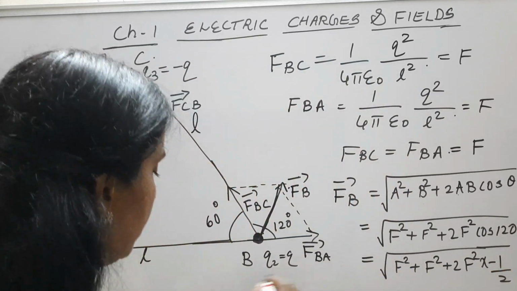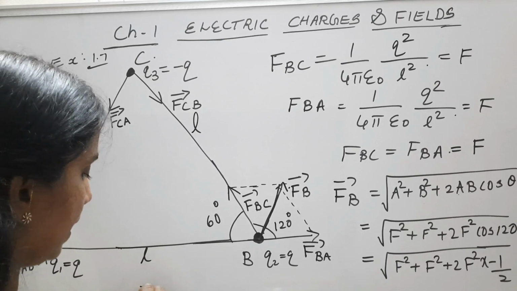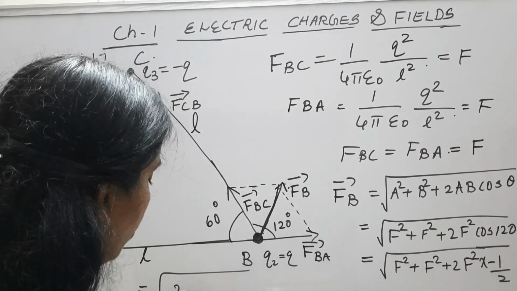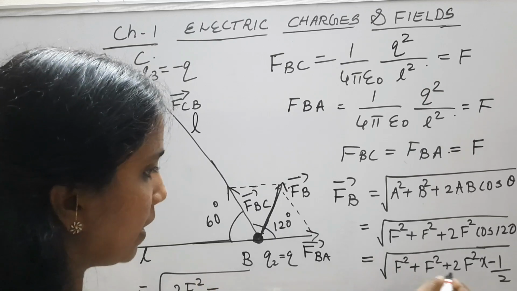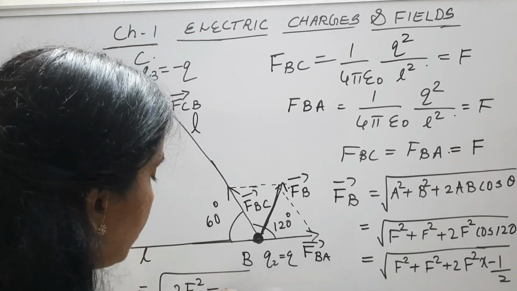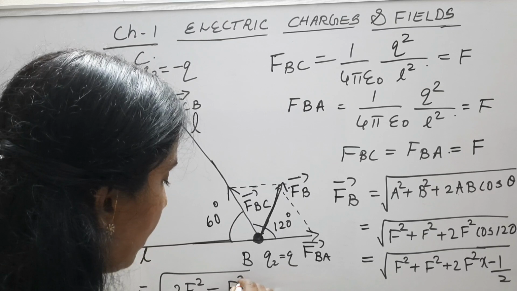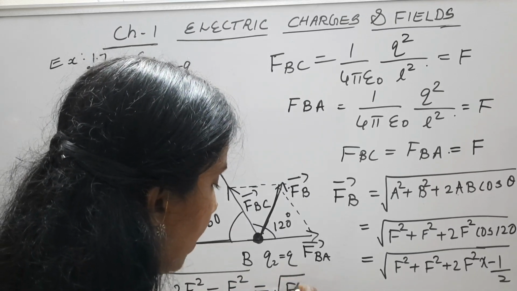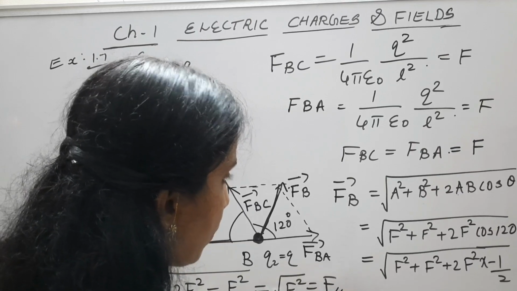After doing calculation, what we will get is root of F square plus F square, that is 2F square, minus 2F square into 1 by 2, so it is F square. So root of 2F square minus F square, it is root F square, that is equal to F.